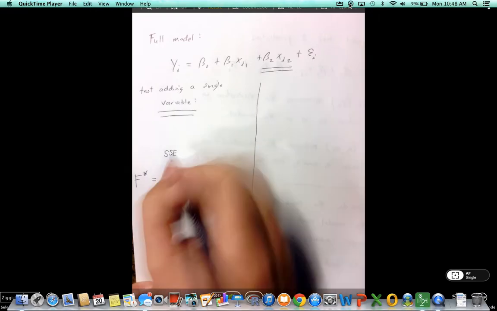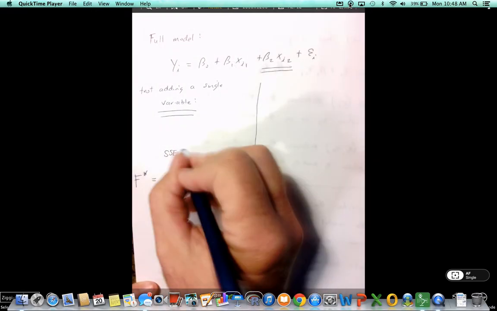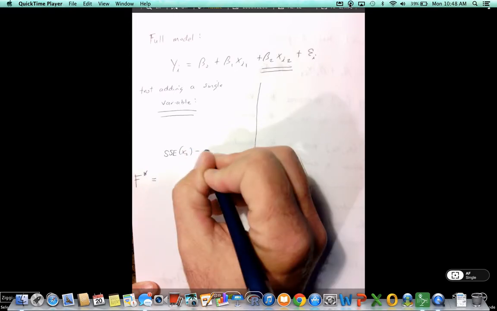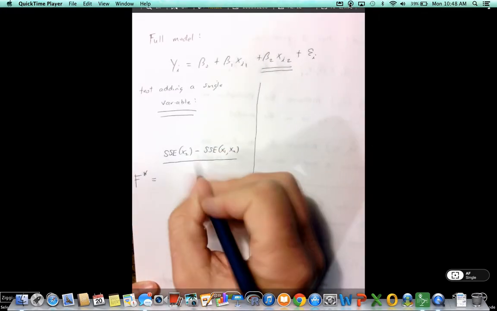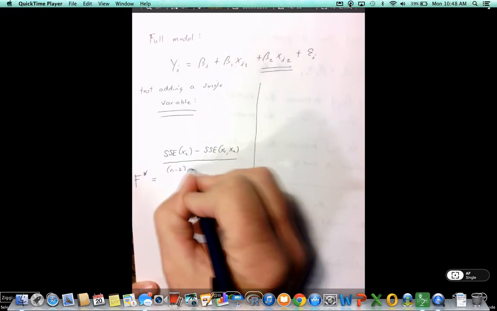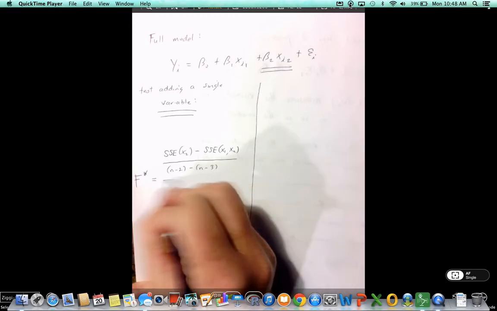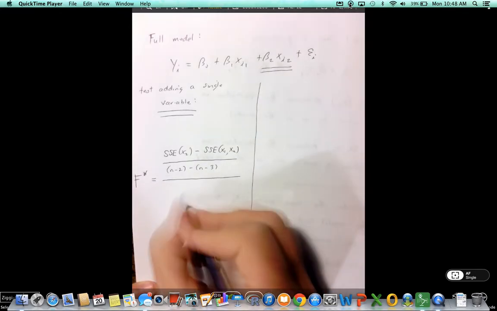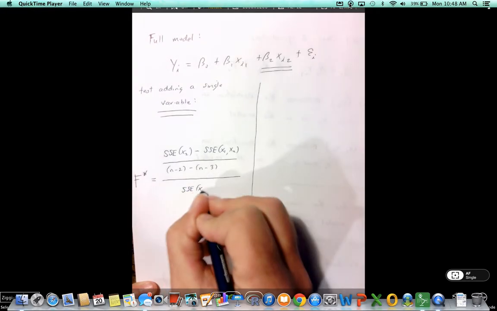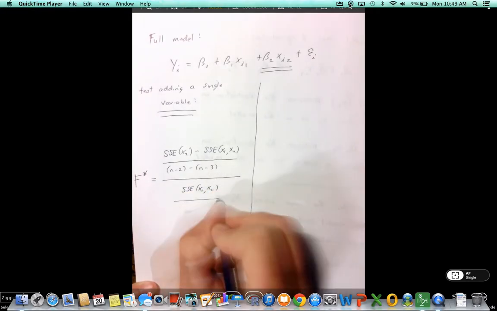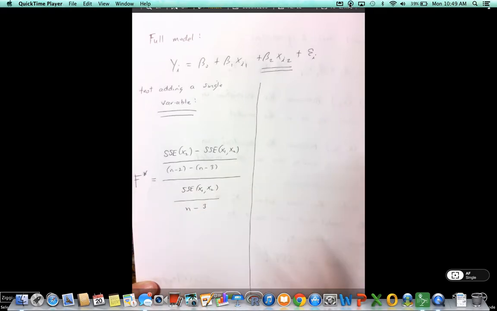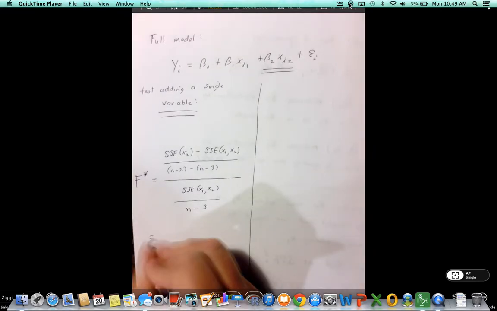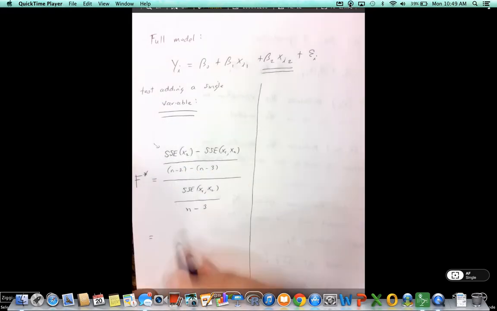So I would have the sum of squares error for x2 minus the sum of squares error for the full model, over the degrees of freedom, divided by the sum of squares error for the full model over, since we've got two predictors, n minus 3.